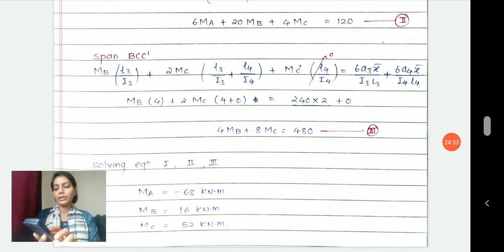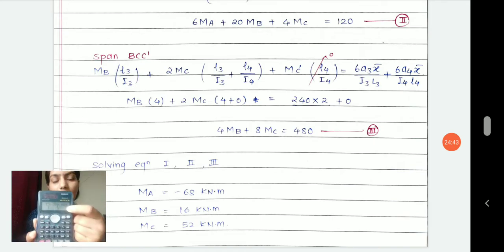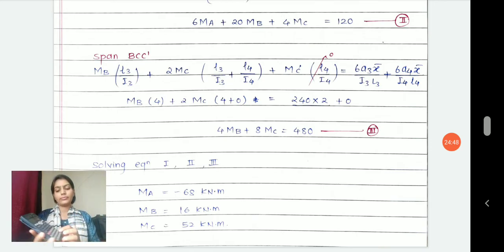In the mode you go for the equation. If you press it thrice, you will see the name equation here. For that, select or press 1.